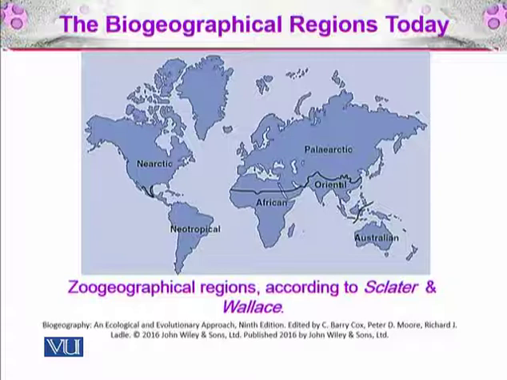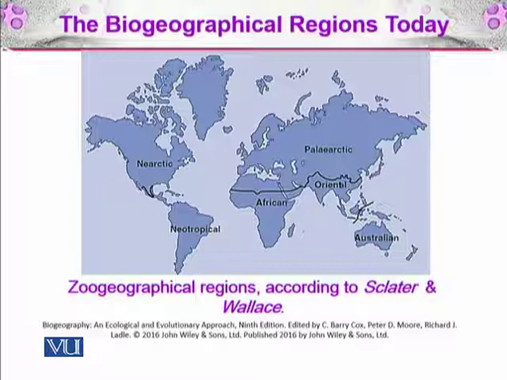These are some of the definitions. Nearctic is North America, Neotropical is South America, African is Sub-Saharan Africa, and Oriental is based on India, Pakistan, Thailand, Cambodia, and Vietnam.